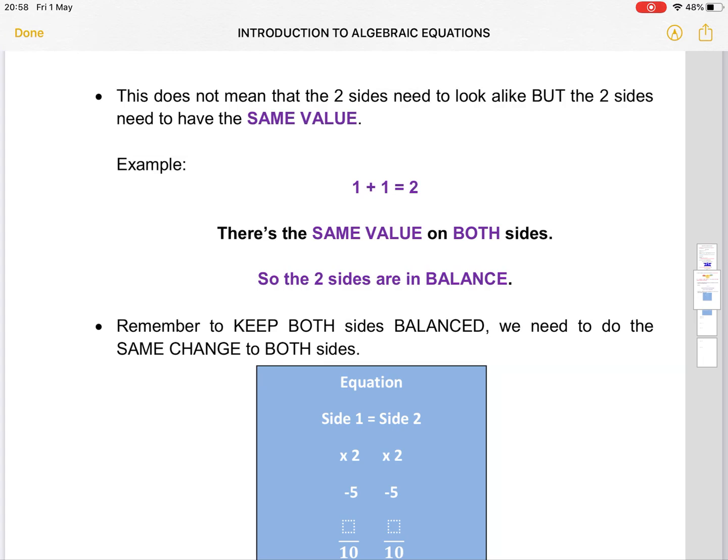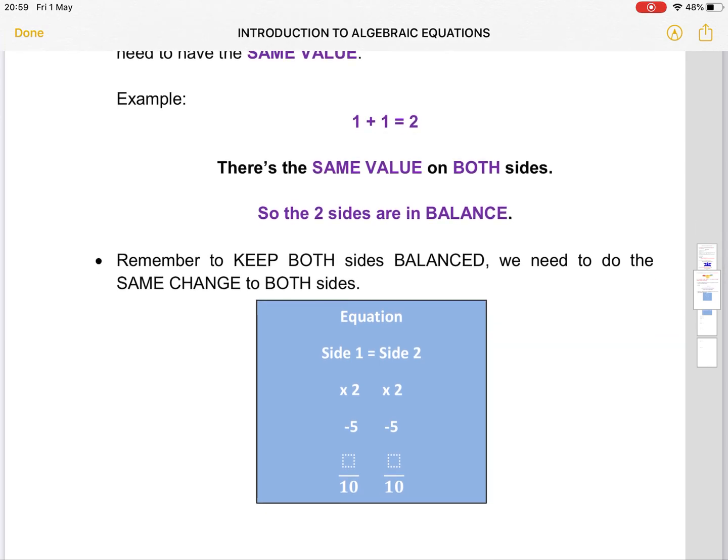So, in the equation, side 1 is equal to side 2, or side A is equal to side B, alright? If we multiply side 1 by 2, then we need to multiply side 2 by 2 also, okay?